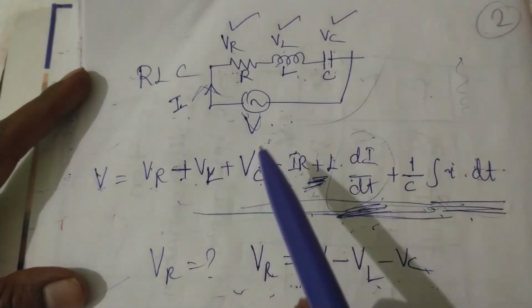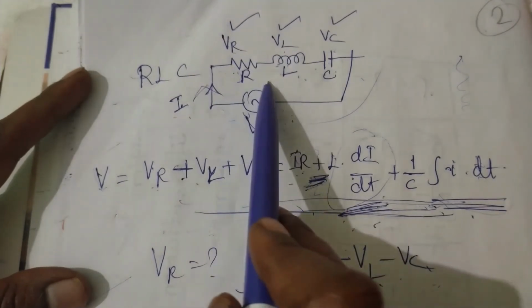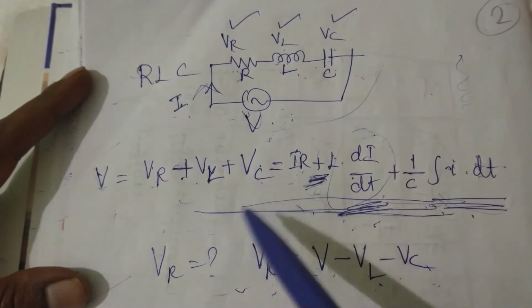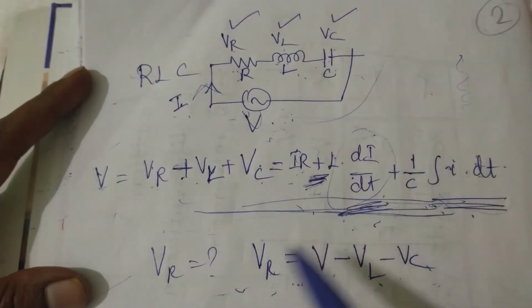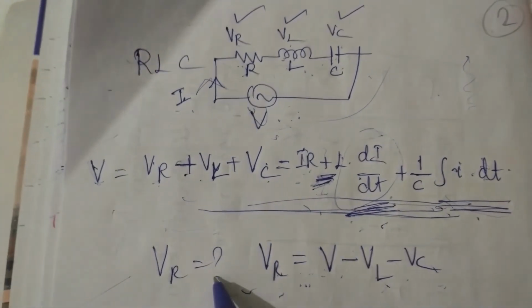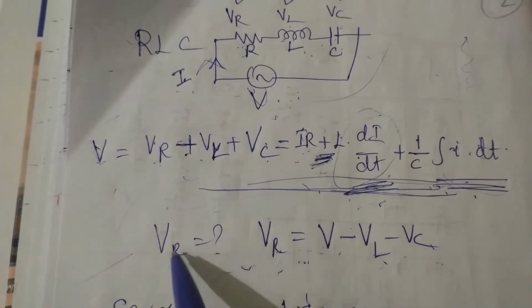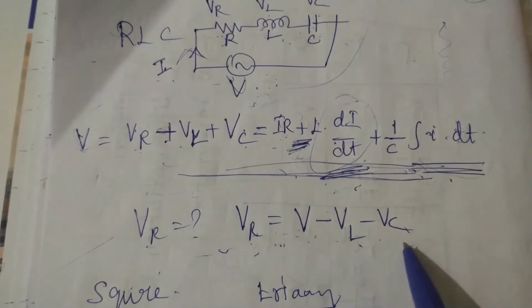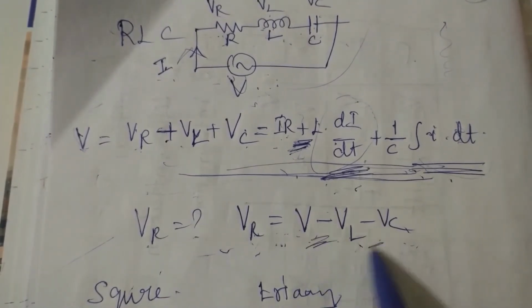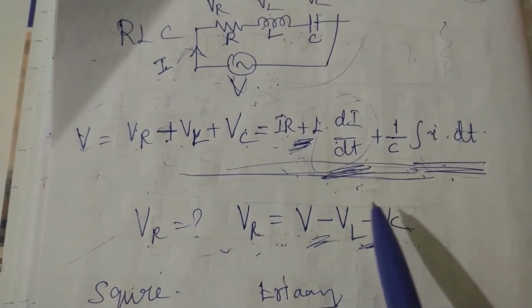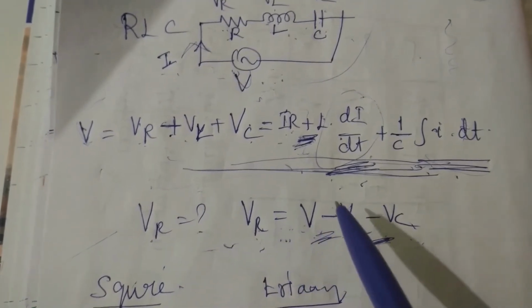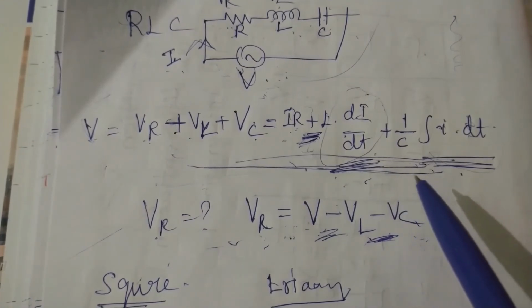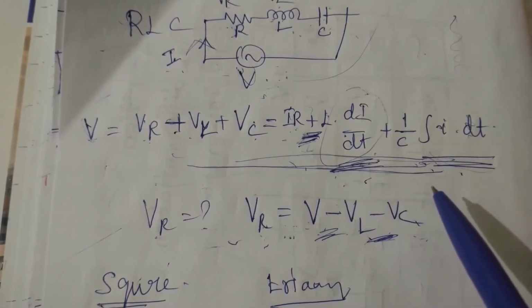If you want to find the voltage across an individual element that is unknown, we can find it by subtraction. For example, if V R is unknown, V R equals V minus V L minus V C. Here we use the subtraction approach. So we use addition, subtraction, differentiation and integration to find the electrical quantities in an electrical circuit.